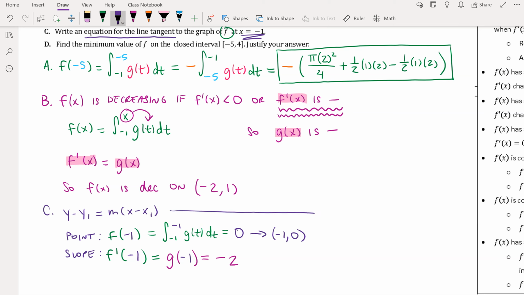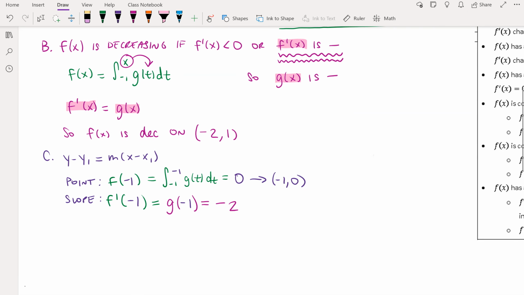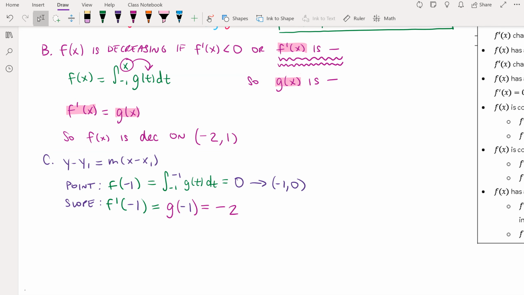Let's take this equation over here. Let's just bring it down here. So we get y minus y1, and y1 is 0. And then equals, the slope is negative 2. And then we have x minus x1, and x1 is negative 1.